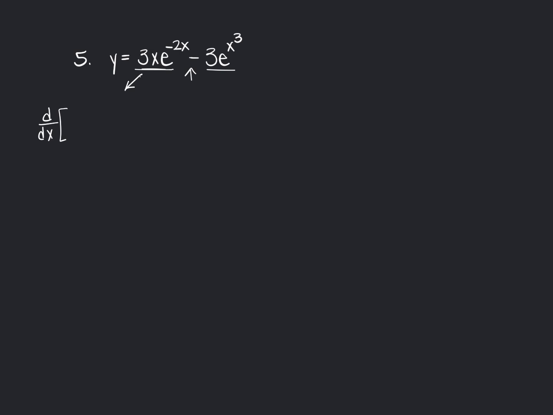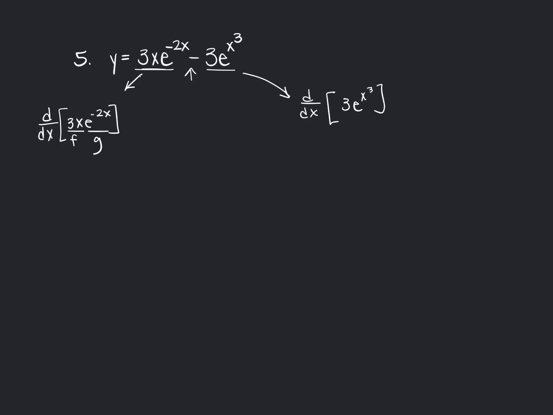So the derivative of 3x e to the negative 2x, okay, well, that's going to be a product rule, okay, where 3x is my first function, e to the negative 2x is my second function. And then we'll also be taking the derivative of this 3e to the x cubed.